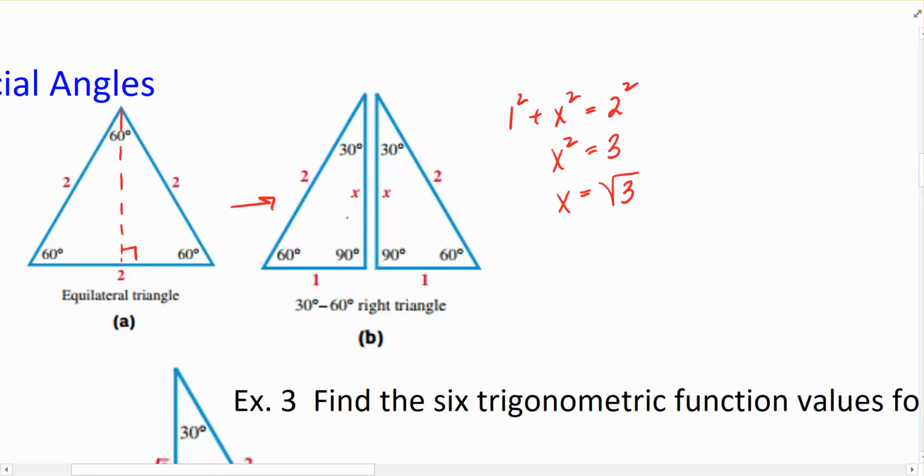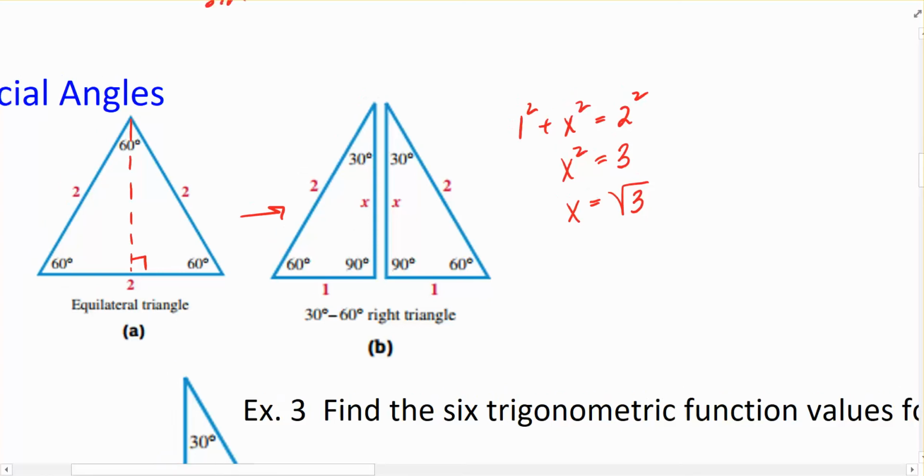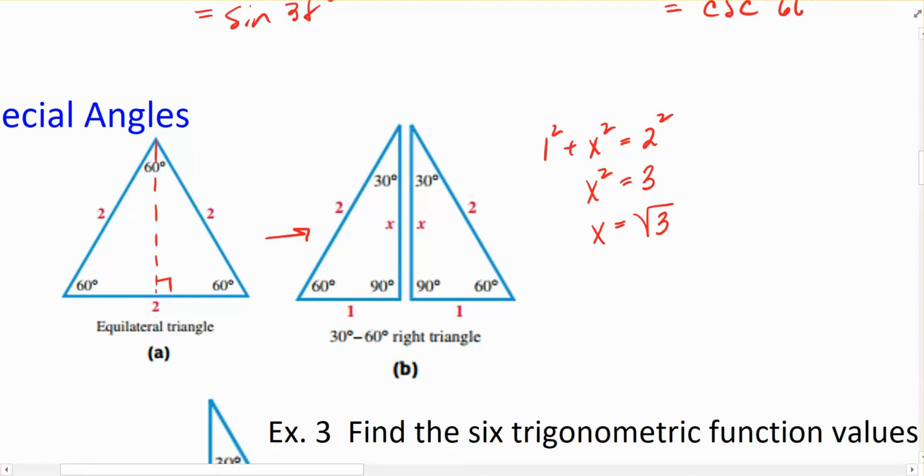And this is a classic triangle that you need to memorize. Now the way that I always remember where the 1, the 2, and the square root of 3 are located on my triangle has to do with the idea that the smallest leg, and that's usually the one I start with, is always across from the smallest angle.